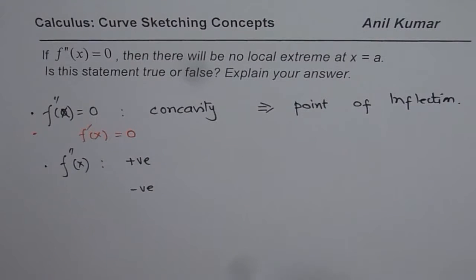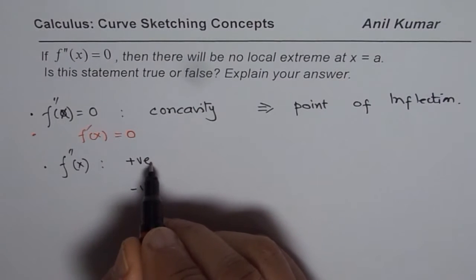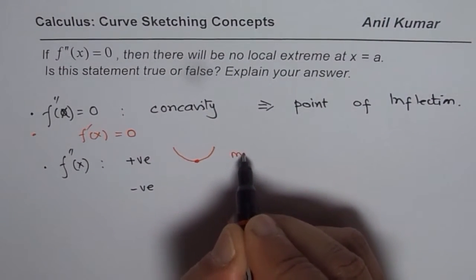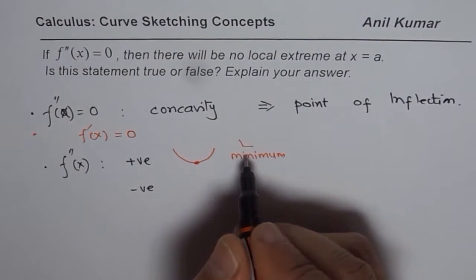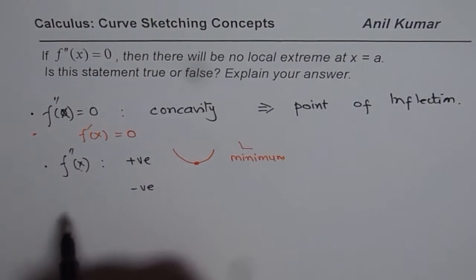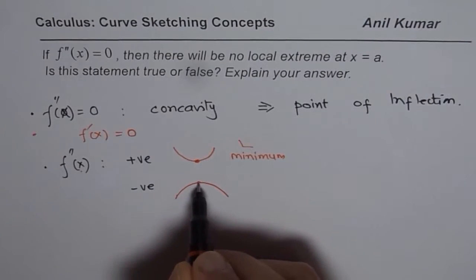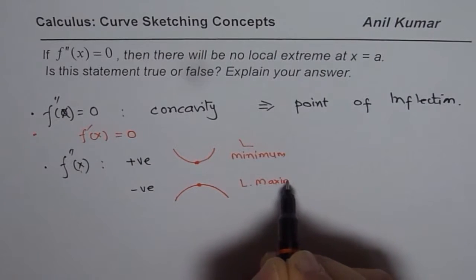If the second derivative is positive, that means it is concave up, and if it is concave up, we have a minimum. So that is a local minimum where first derivative is 0, not the second one. If second is negative, then the graph will be concave down and we have a local maximum. You get the point, right?